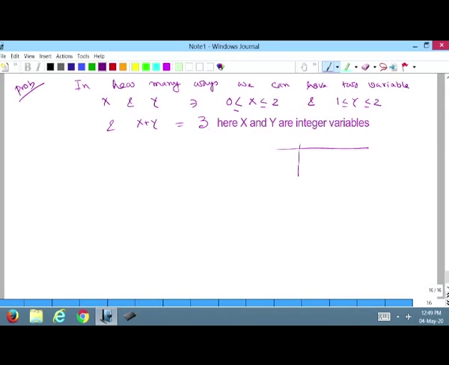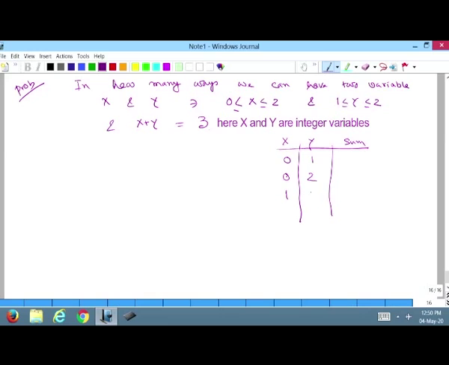So, let us first draw a table x, y, and let us put their sum. X can take value 0, 1, 2 and y can take value only 1 and 2.